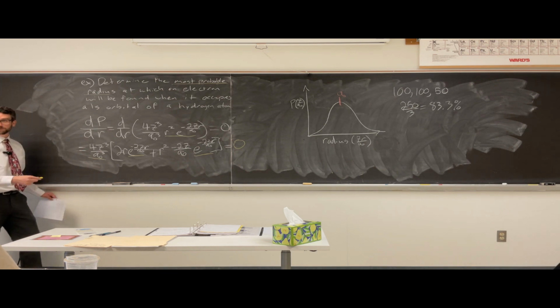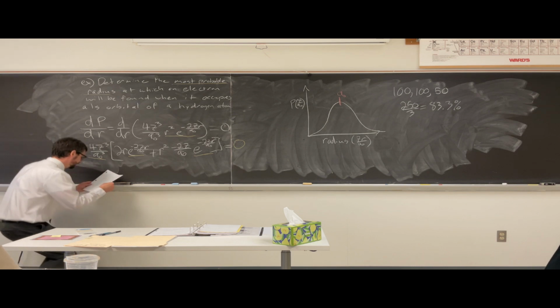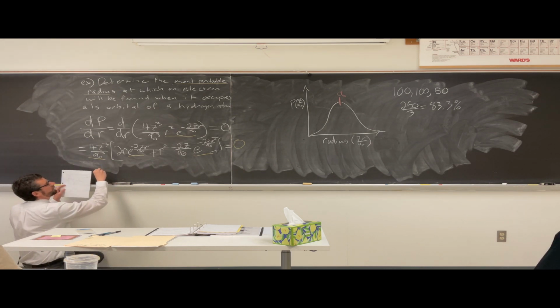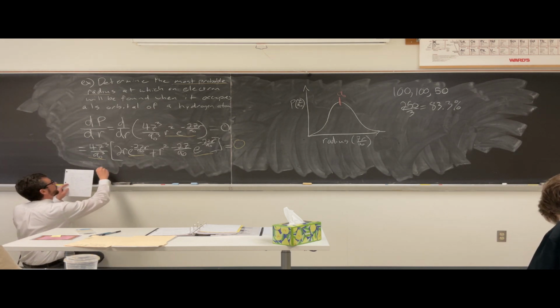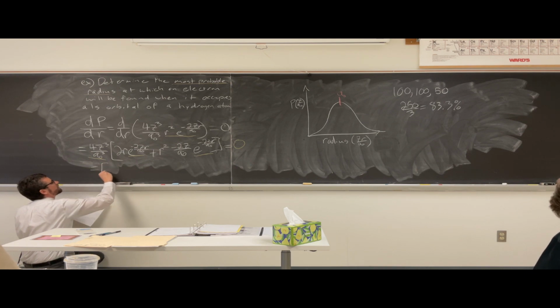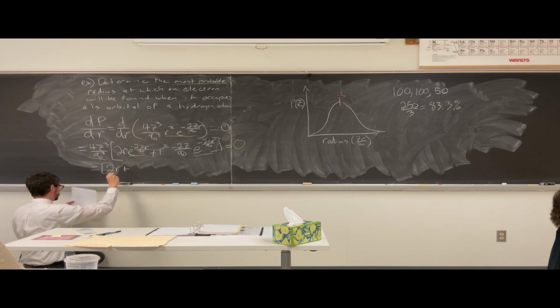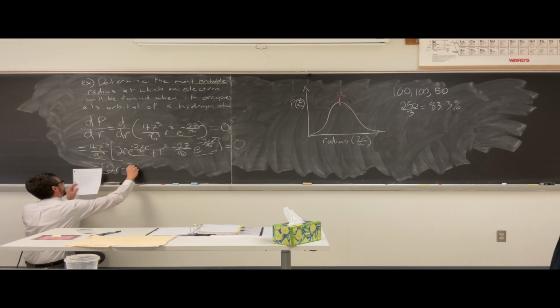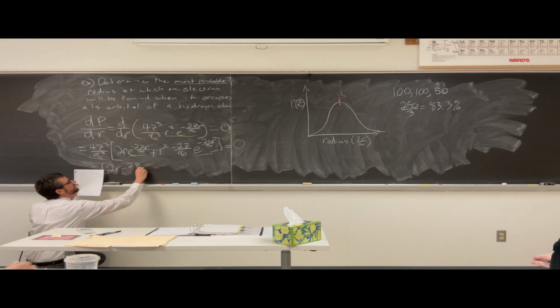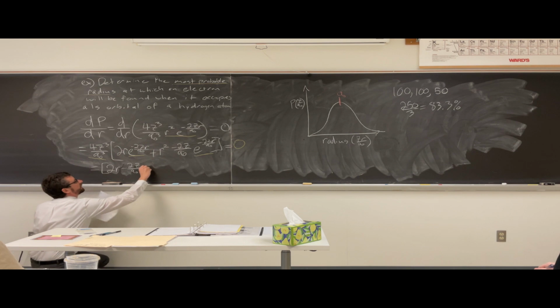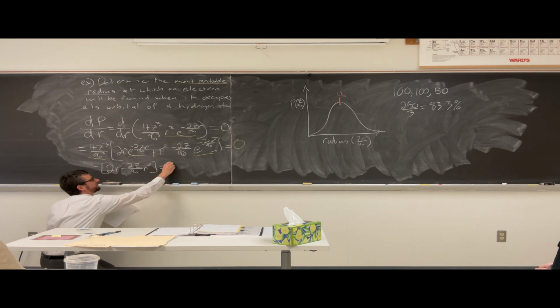So we're going to get that also to 0, get rid of all that gross stuff. And what we should be left with is 2r plus, actually it should be minus, 2Z a naught r squared. That's all equal to 0.